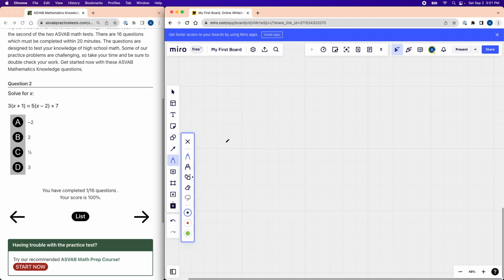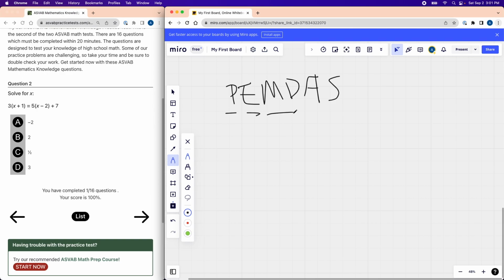And in order to do this, we need to remember our best friend, our best acronym, PEMDAS. That's a weird A, but I think you get the idea. That stands for parentheses, exponents, multiplication and division, and addition and subtraction.